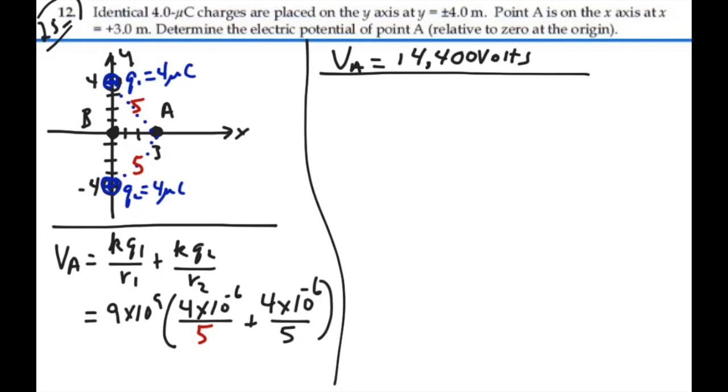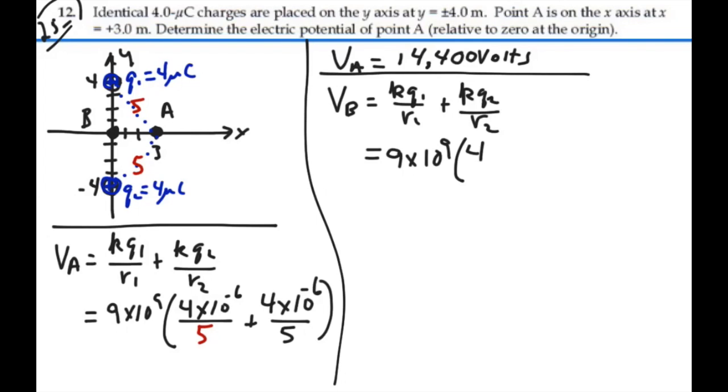Let's find the potential at B. Do the same thing. It's going to be K Q1 over R1 plus K Q2 over R2. Both scalar values. In this case, both of them positive. So we have 9 times 10 to the 9. Q1 is 4 microcoulombs.